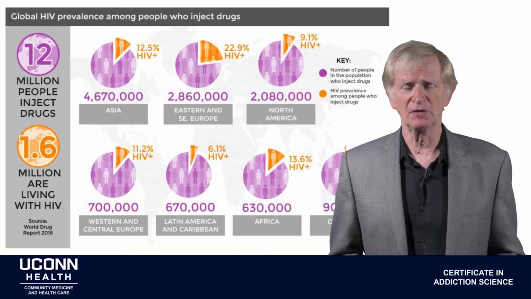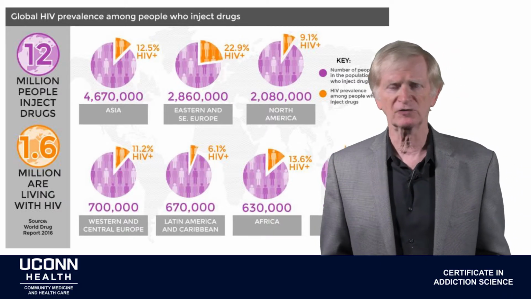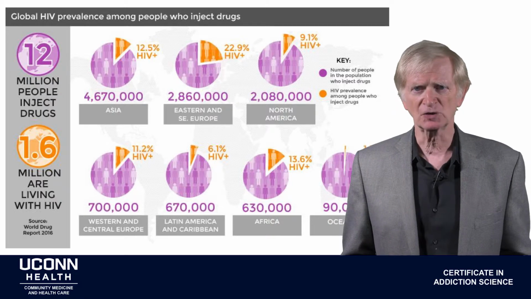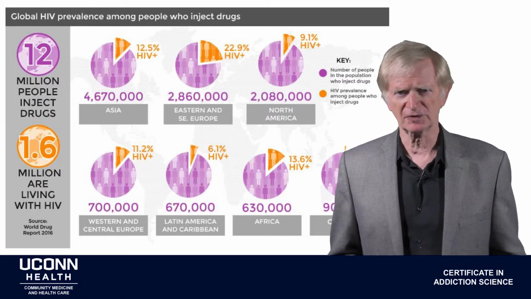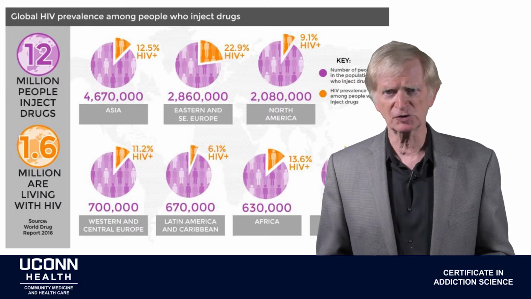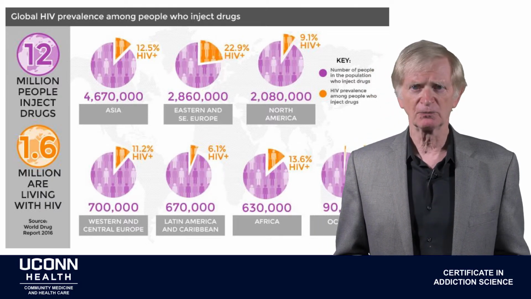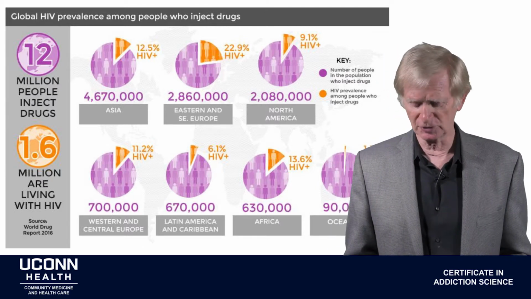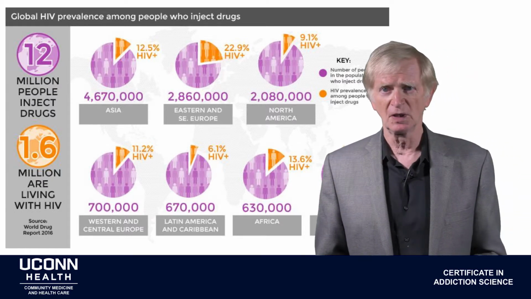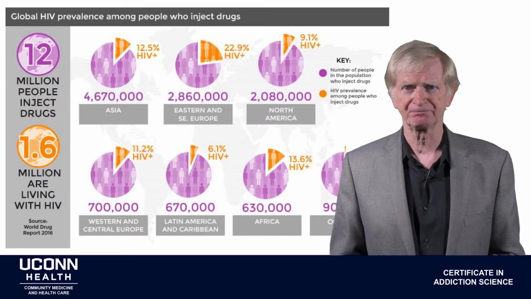The highest infection rates are in Eastern Europe, where it's almost 23%. In countries like the United States, where there have been substantial prevention measures initiated, the prevalence rate of HIV infection among injection drug users is closer to 9%.